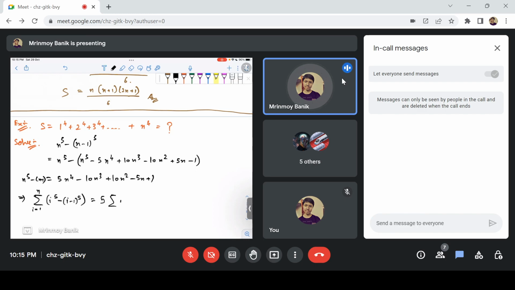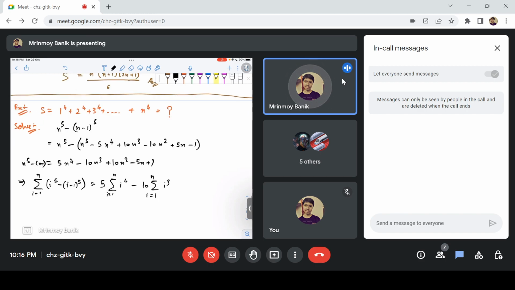So 5 times i4, 1 through n. This is what we wanted. Minus 10 times i cube, 1 through n.